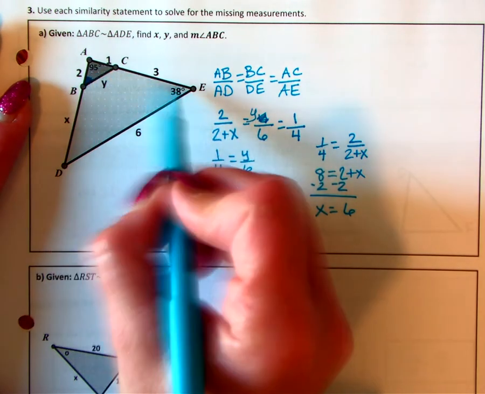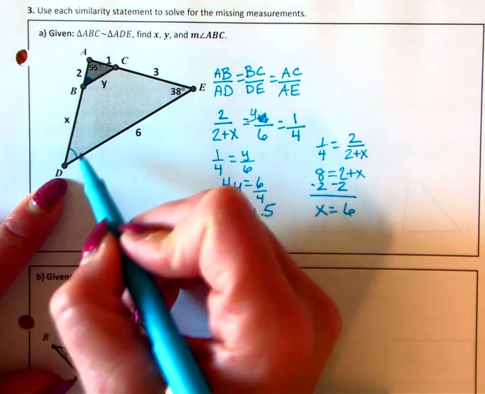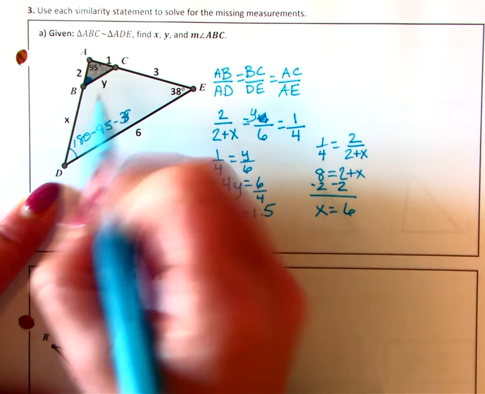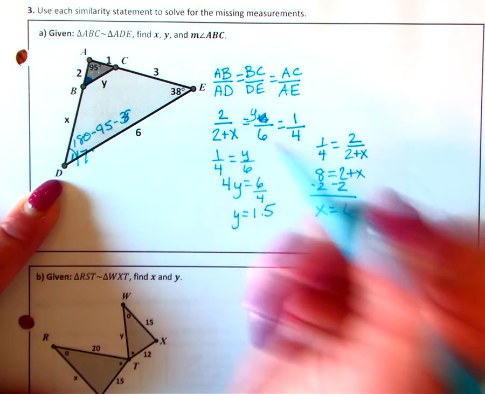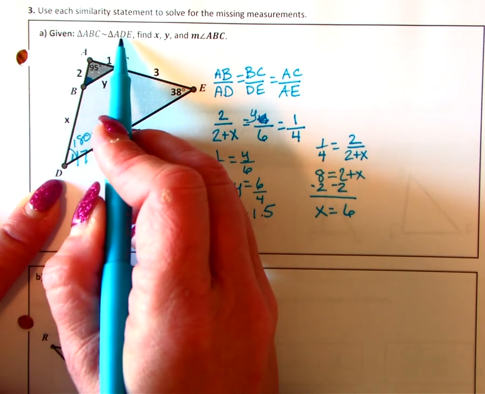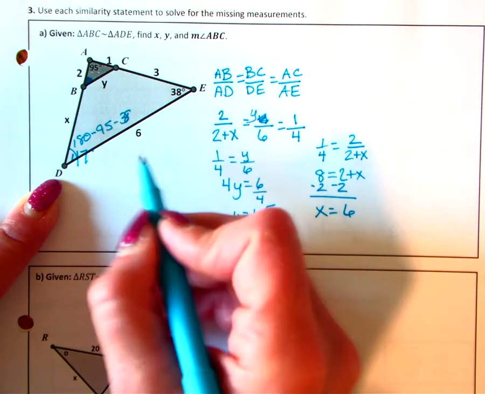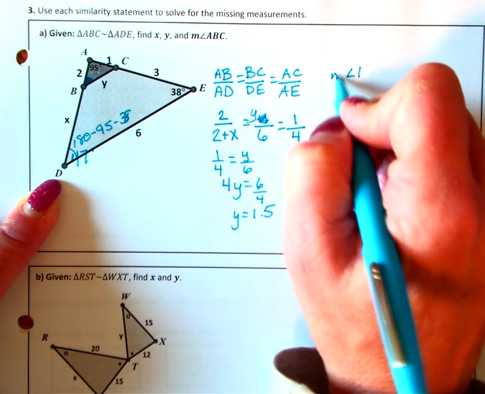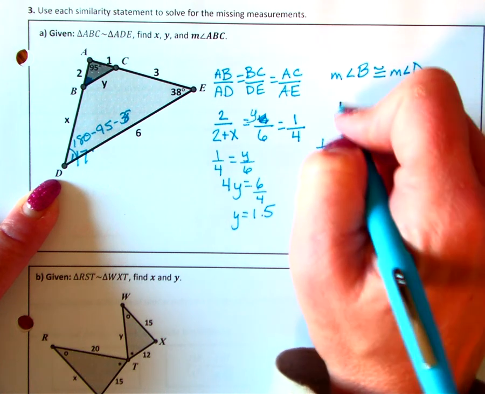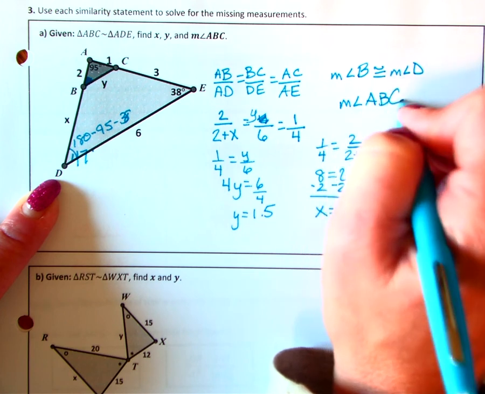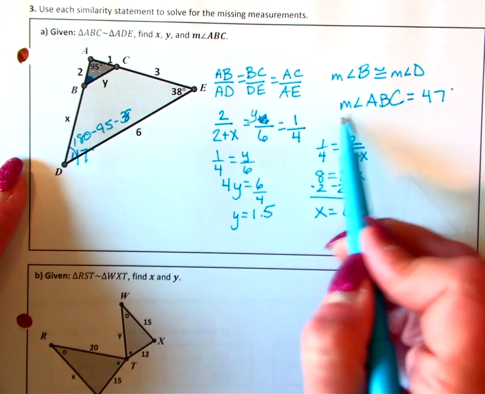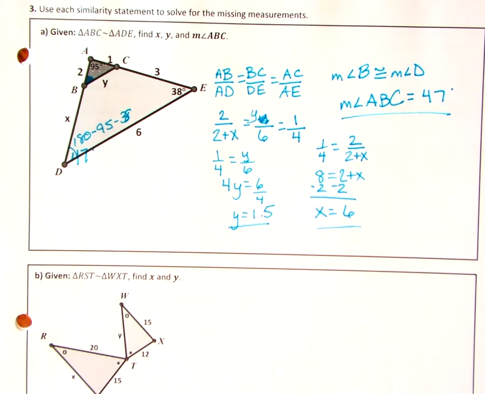First of all, I know 95, 38, and then I can find D by taking 180 minus 95 minus 38, and I get 47 degrees for angle D. And I found that because angle B and angle D are congruent. So the measure of angle ABC is equal to 47 degrees. So again, I found all three parts that they asked me to find.